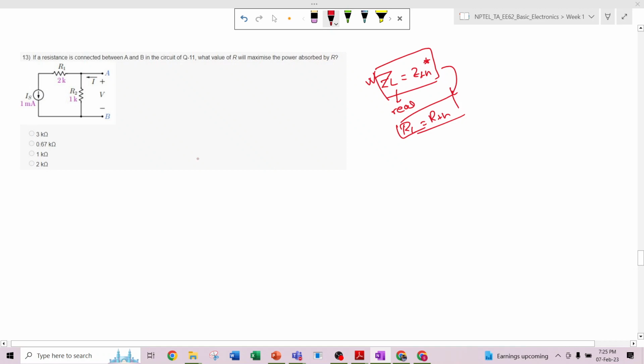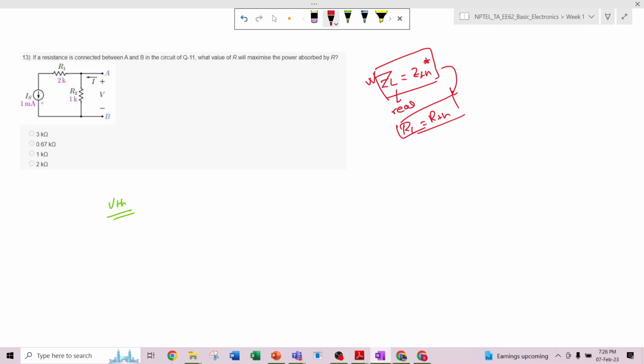So basically, if a resistance is connected across A, B in circuit 11, which value of R will maximize the power? You should find out the Thevenin voltage and also the Thevenin resistance. So for VTH, calculating the VTH.